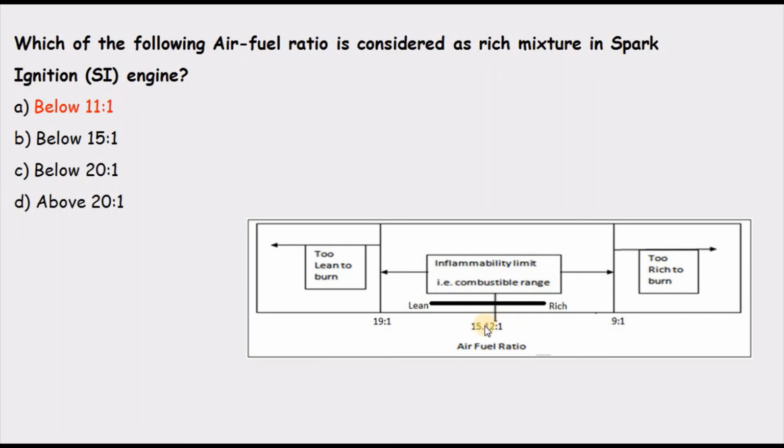So any number less than 15 is going to be richer, and here we have 11:1. So the correct answer is 11:1, a rich mixture. On the contrary, if you go to this side, that is greater than 15, 16, 17, 20, etc., those will be your lean mixtures. So the correct answer is A, 11:1.